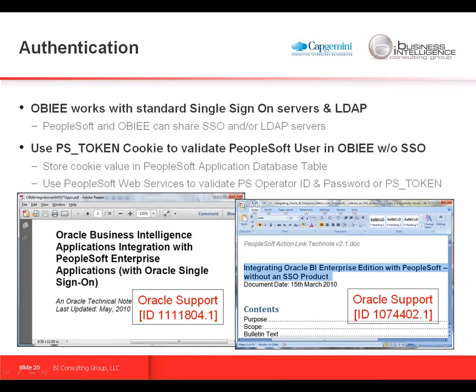In addition to talking about the security or authentication pieces, both of these documents have additional detail on how to get BI reports into HTML objects on PeopleSoft pages, as well as a bit more on using the PeopleSoft roles to populate BI roles and groups. So those are a couple of useful documents that you'll want to use if you are going to be doing this type of integration.